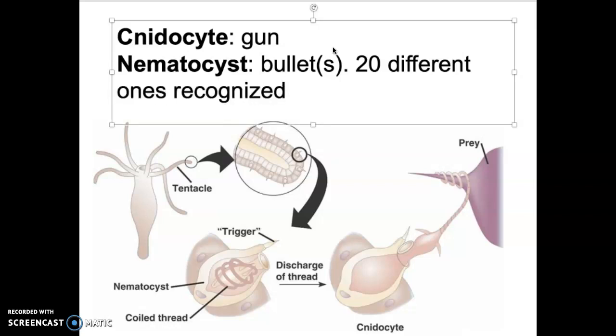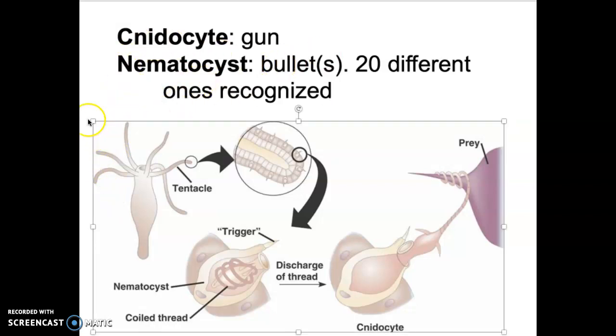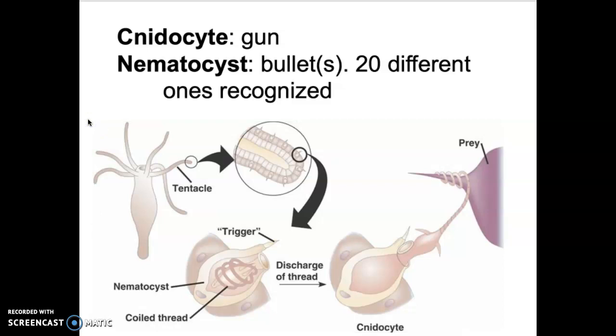And over 20, as I mentioned before, over 20 different ones have been recognized that can discharge. The discharge of the nematocyst, shooting of that gun, is recognized as the fastest cellular process in nature. This is faster than a nerve impulse. So it's amazing when these things go, they go shooting out.